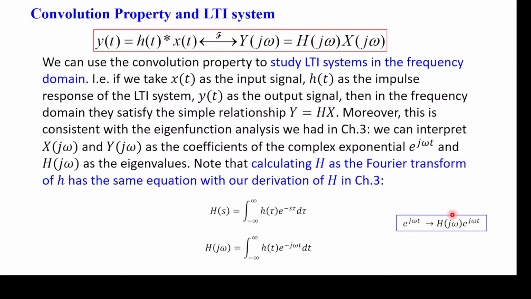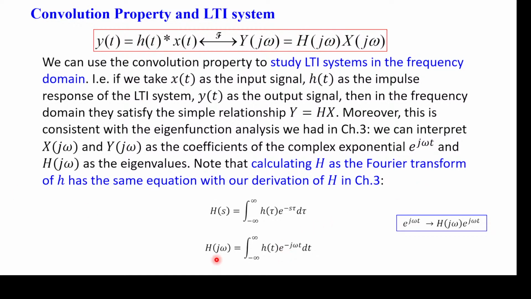Okay, but then we remember that we had another definition of this big H in chapter 3, and luckily, or as expected, the big H definition in chapter 3 is the same as our big H definition here. So in this equation, we have said this big H is the Fourier transform of a small h, right?